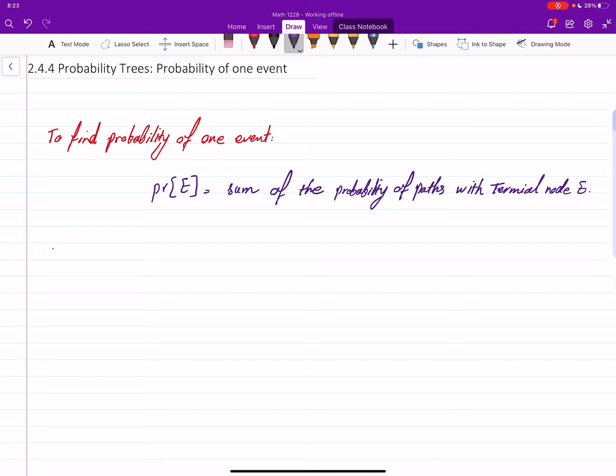So you have to find the probability of each one of these paths, multiplying all the way down to the root, all the numbers along that path, and then add these numbers. That will give you the probability of E, or that event.